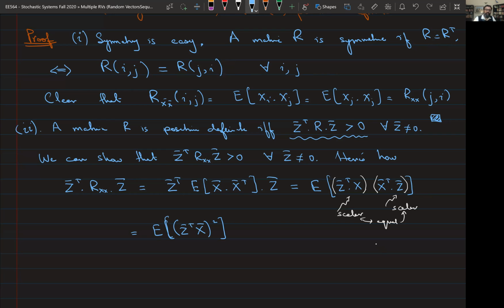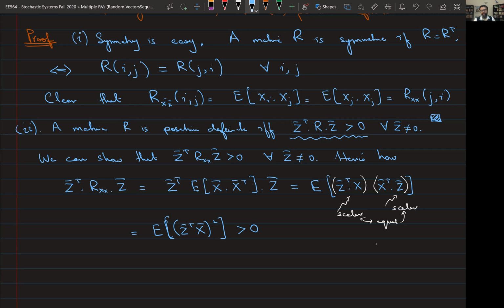And can this expectation ever be negative? No, it cannot be, because it's a square. So this can never be negative, and therefore it is greater than 0. Right? That completes the proof.